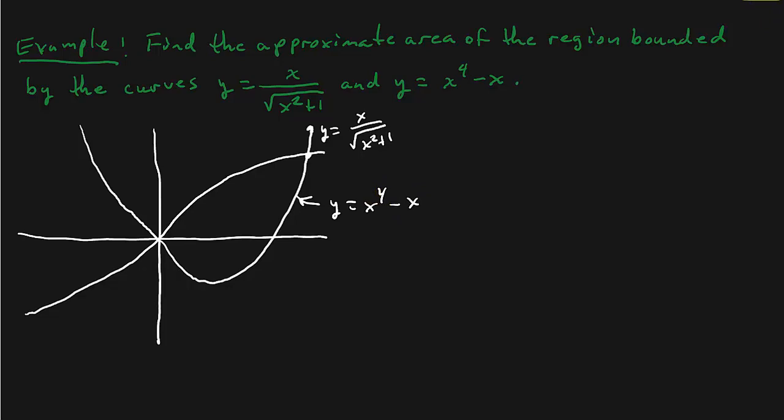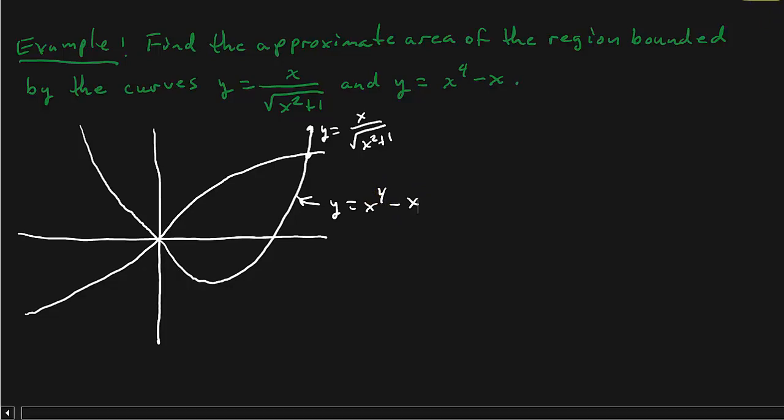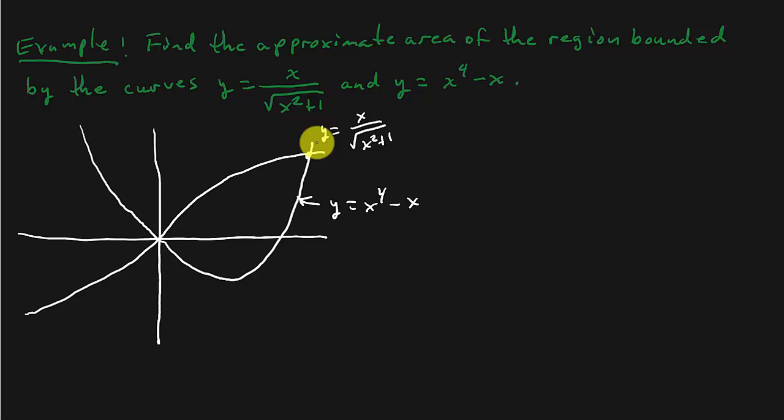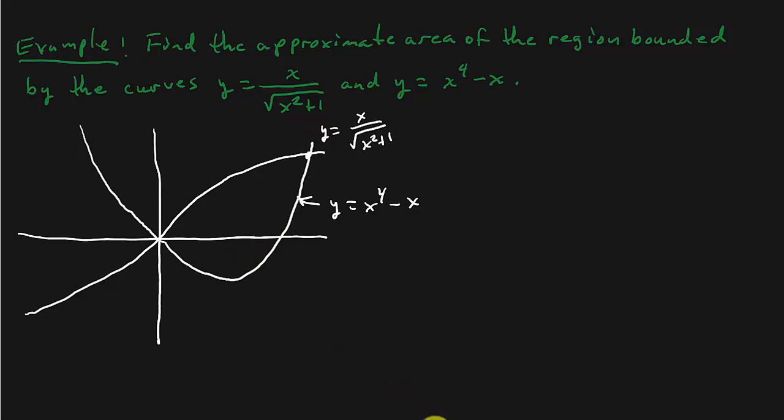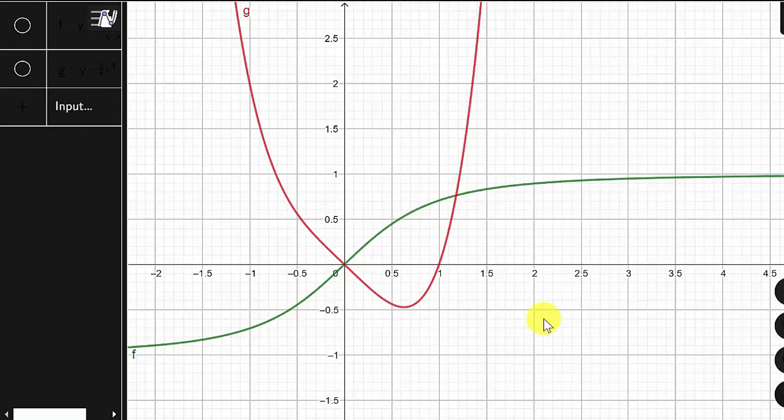All right, so you might be wondering, how in the world did I get this graph? Well, I punched it into a computer program and got the graphs, which I am going to show you right here.